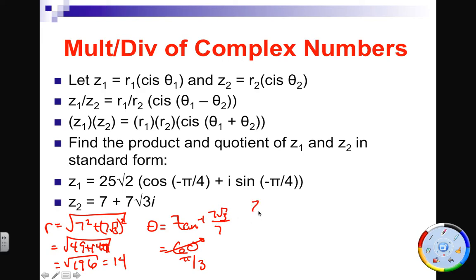So if I want to find z1 times z2, I didn't write this anywhere, but I'm going to write this up here at the top. Z2 is now the complex number 14 CIS pi thirds.